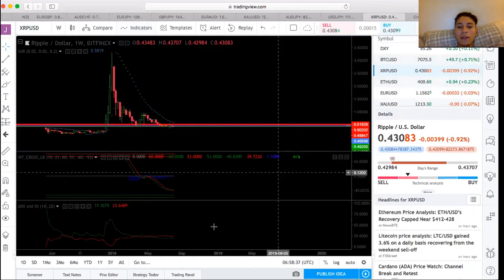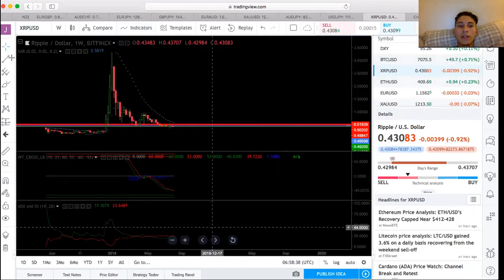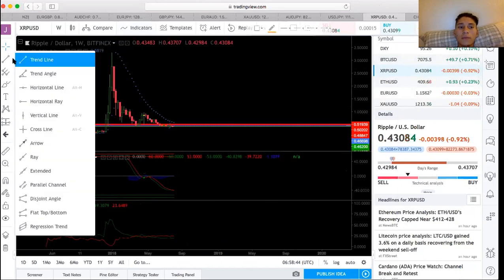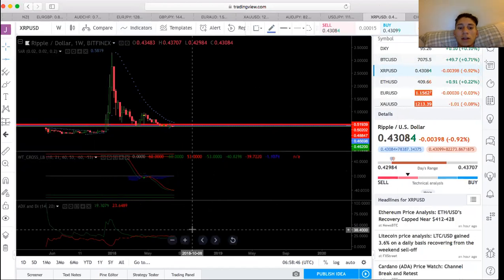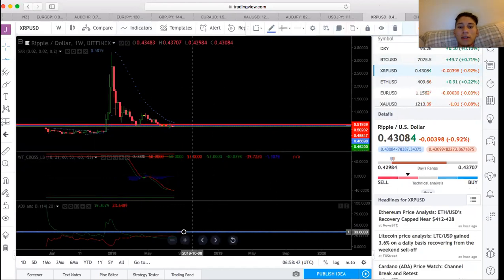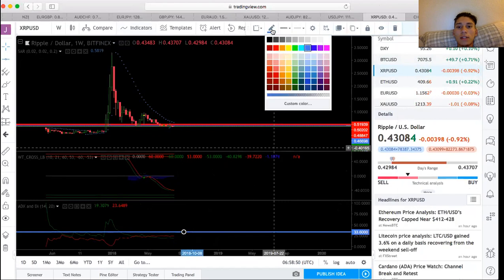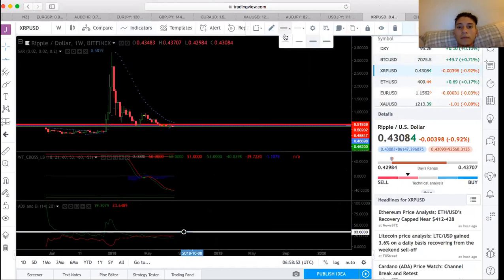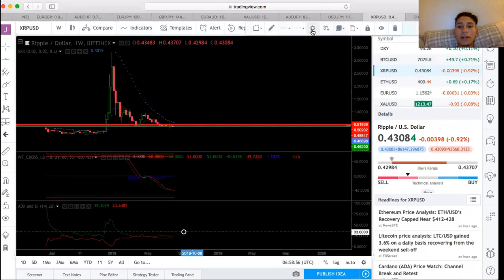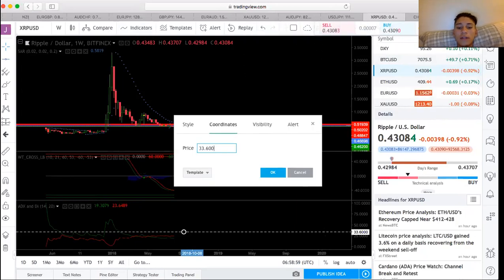Okay. Now, what I usually do is I will get a horizontal line. I'll go on to horizontal line. I'll place it anywhere, it doesn't matter because I'm going to adjust it. I want this in white. I don't want that big. And I'm going to change the settings on this to 25.